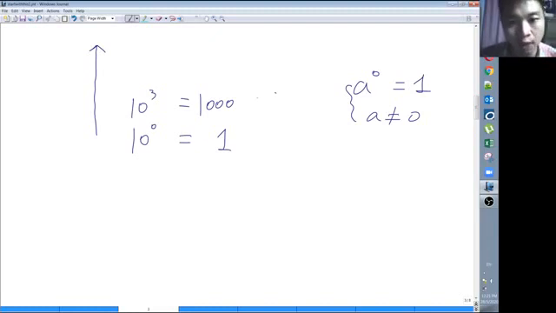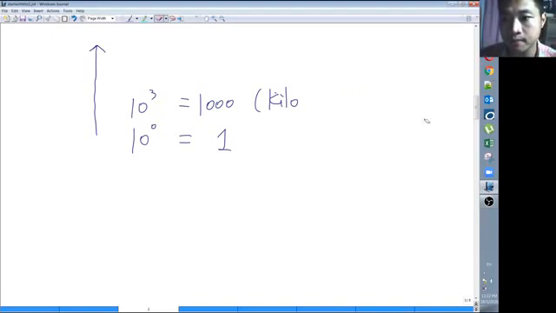And 1000 is actually called kilo. If you want to use a small letter to represent this kilo, you actually use k.